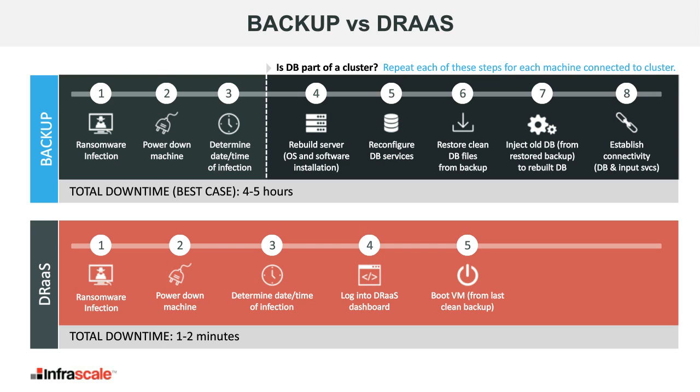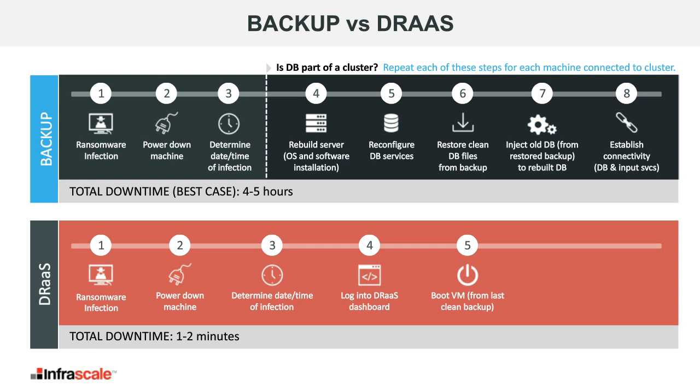But let's switch gears and look at the bottom half of the screen and talk about disaster recovery as a service. If you have a DRaaS solution, you can simultaneously cloud boot multiple versions of the same machine. That way, you determine the safe version to recover and then boot either to the cloud, a virtual environment, or recover to production hardware.